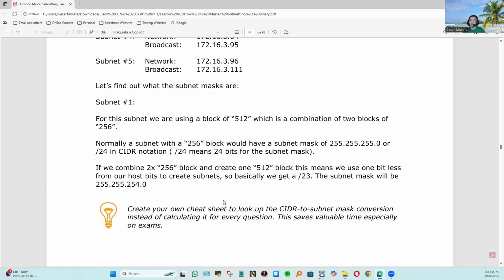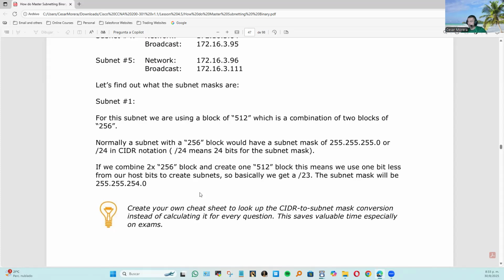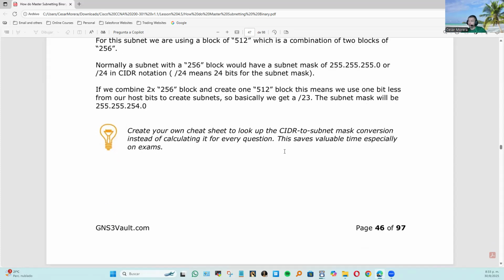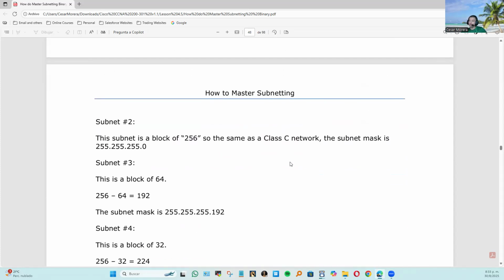Now, things change a little bit because we are not using the magic number. We are using a block of 512, which in binary conversion will be /23, which is a mask of 255.255.254.0.